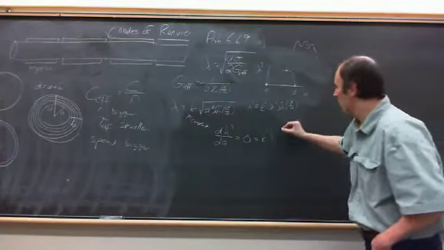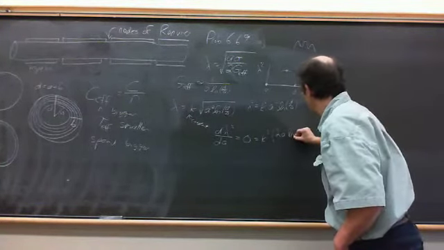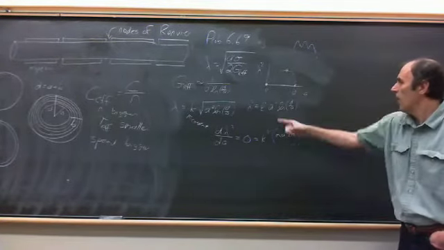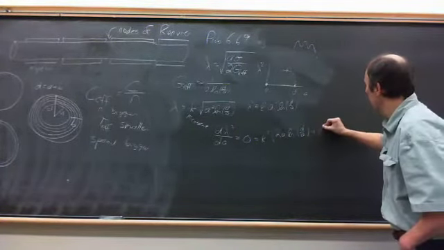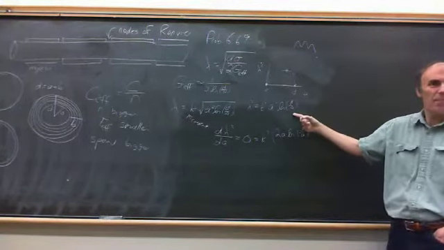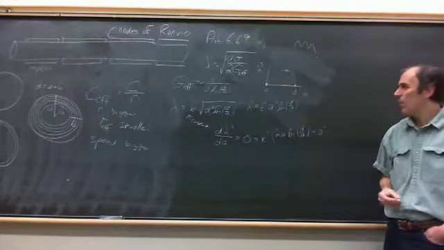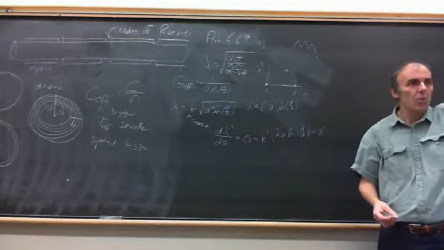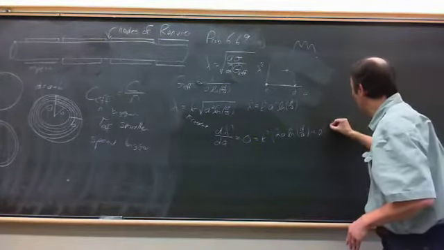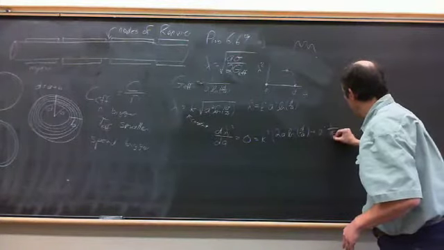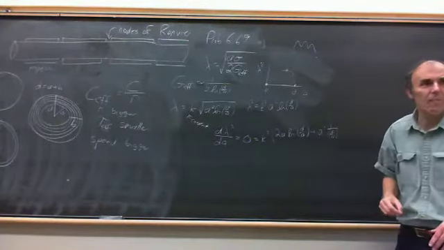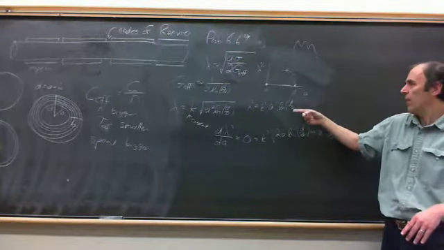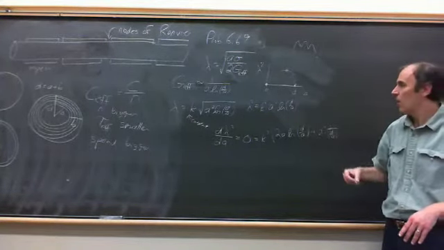Derivative of A squared is just 2A, log D over A, plus this A squared times the derivative of this. This one's a little tricky. The derivative of log of D over A. Well, the derivative of log is just 1 over the function. So you get 1 over D over A. But then you have to take, by the chain rule, the derivative of the inside, or the derivative of D over A. So I'm doing the chain rule here.